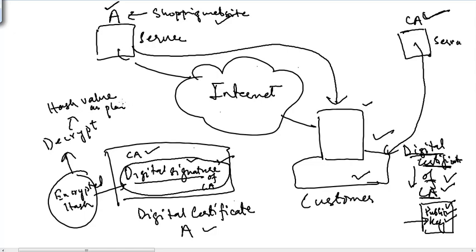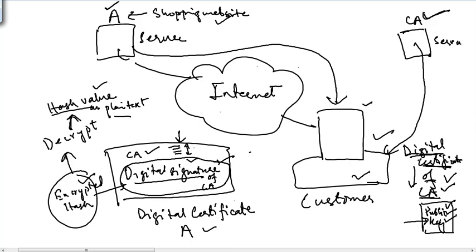So this has become plain text. We had an encrypted hash value, and this encrypted hash value is now decrypted to get the hash value in plain form.